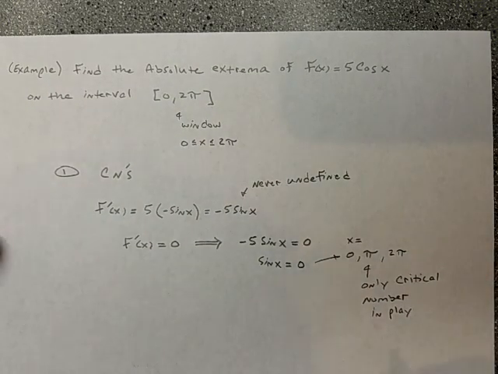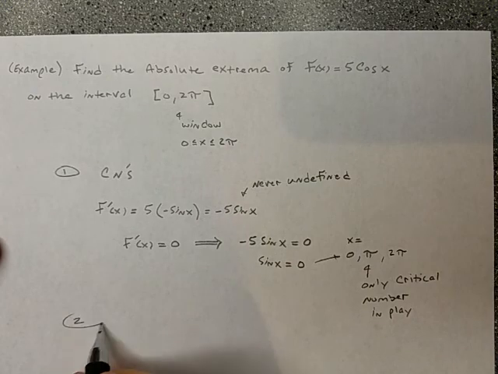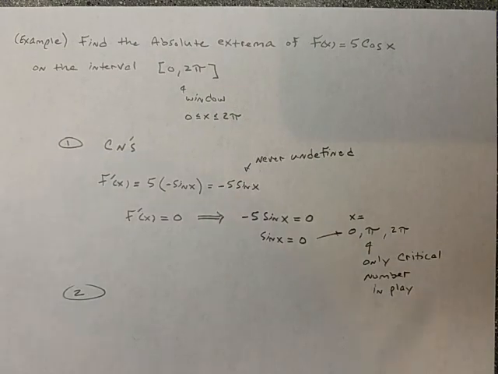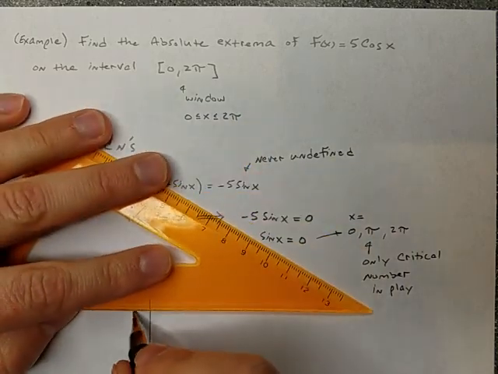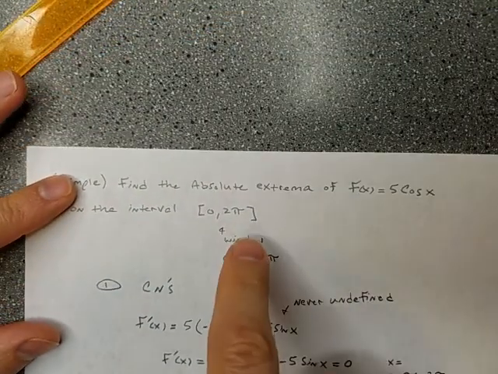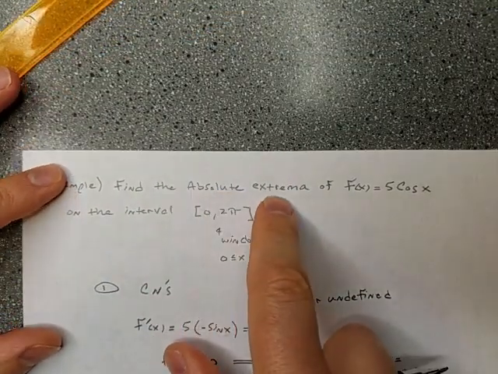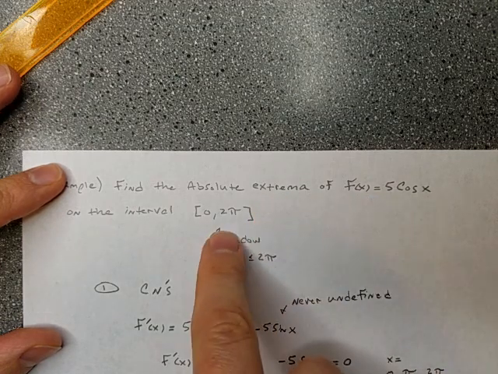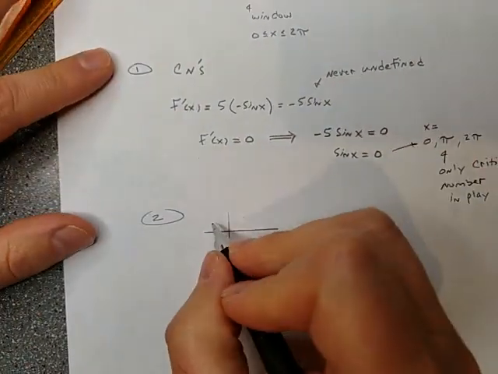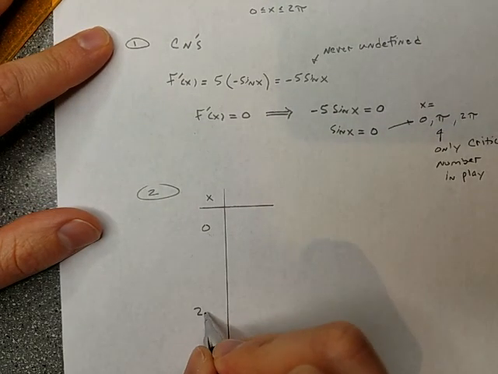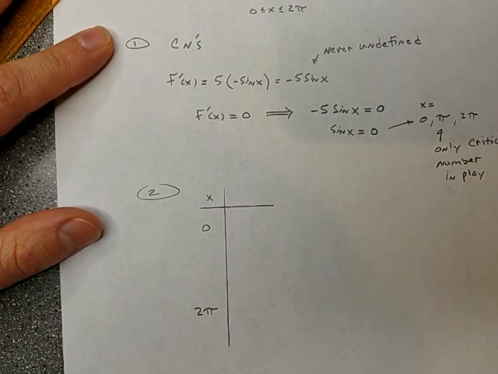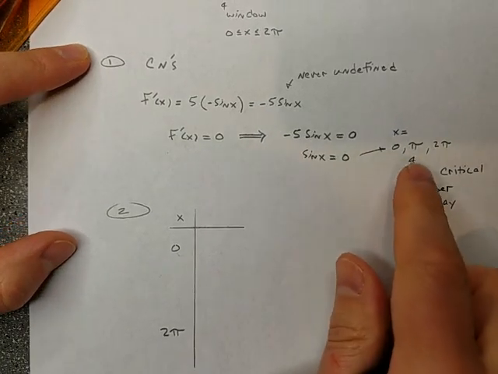All right, so pi is my critical number. Now, let's look at the points on the curve and make a comparison. All I need to do to find the absolute highest and lowest points of this curve on that window is to compare the left endpoint of my window, the right endpoint of my window, with the critical number.